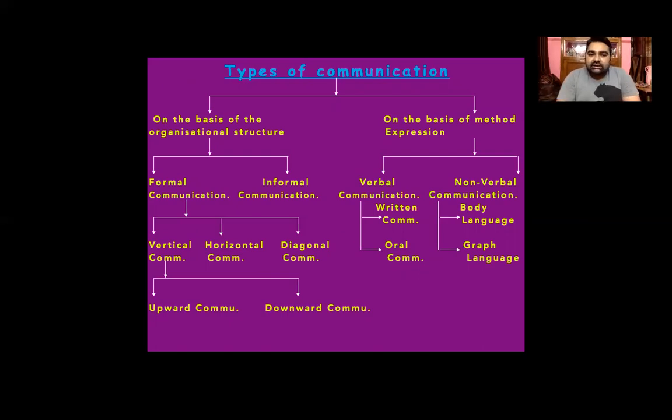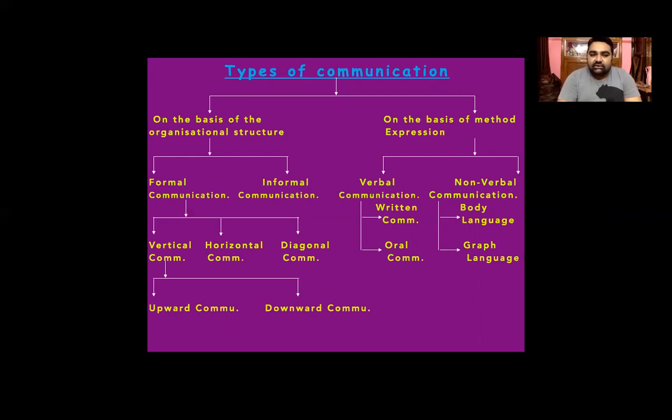There are basically two types of communication divided on the basis of organizational structure: formal communication and informal communication. Formal communication means the communication which we use formally, in our office, our organizations or in business.